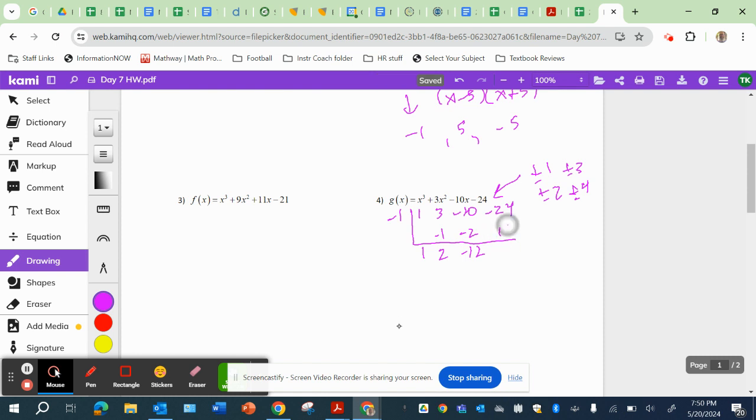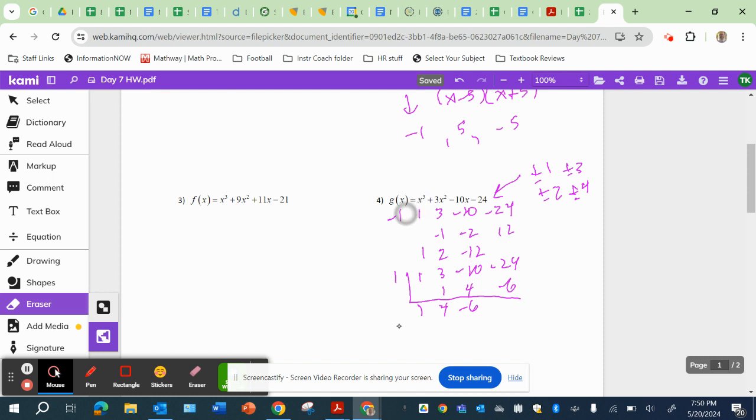And you get 12, which is not a remainder of 0. So that doesn't work. Try +1. That also doesn't work. So it's just a matter of working your way up. I would start as small as you can.